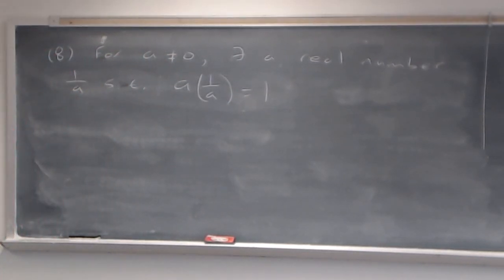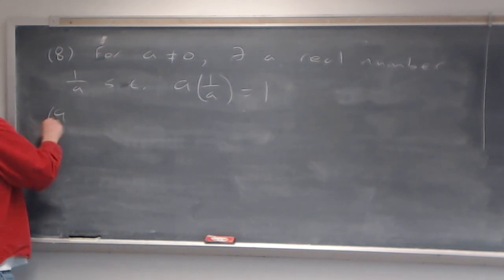So you give me some non-zero number, there's some number out there that if you multiply that given number by, you get 1. That is saying that there exists a multiplicative inverse for each number besides 0.